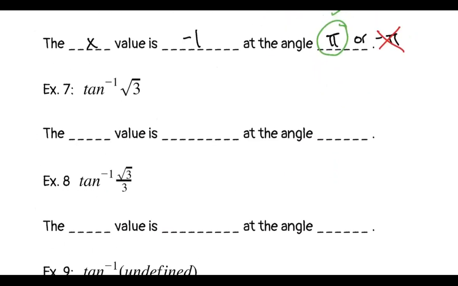All right. So let's start with example 7. We're looking for the inverse tangent of root 3. That means I'm looking for the y over x value of root 3. Okay. Which angles have a y over x value of root 3?